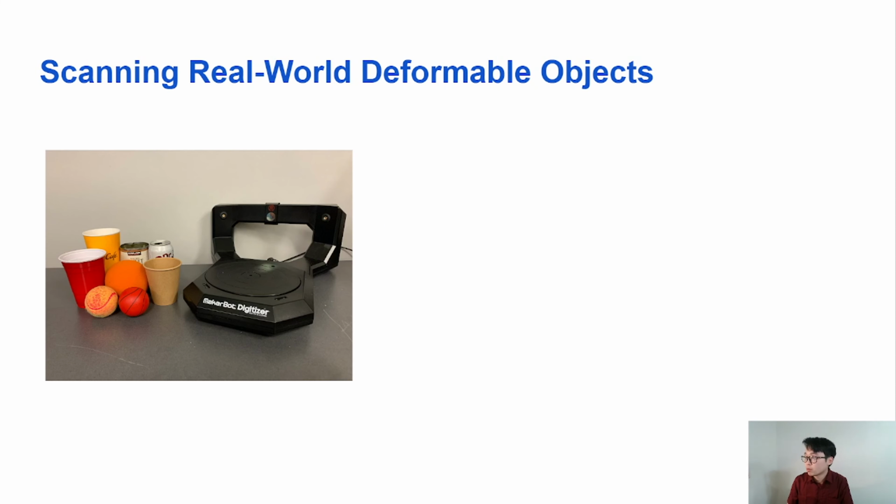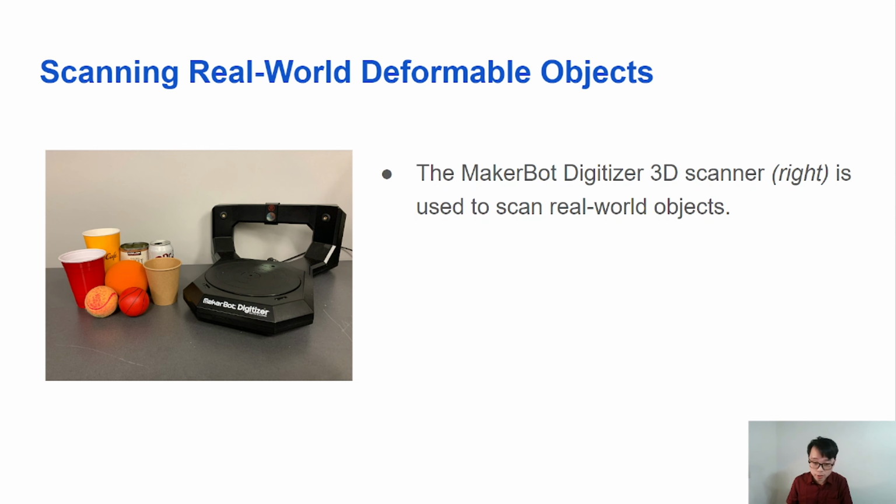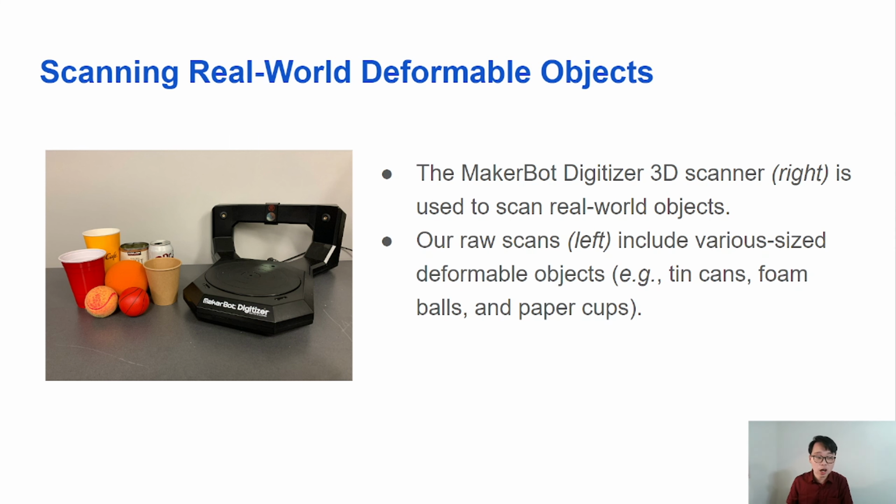The first thing we have to do is scan the deformable objects that we collected in the real world. As we can see on the right side is our 3D scanner from MechBot. I use it to scan the objects that are on the left of the figure. Our objects include a lot of cans, cups, and foam bones, which are deformable objects.